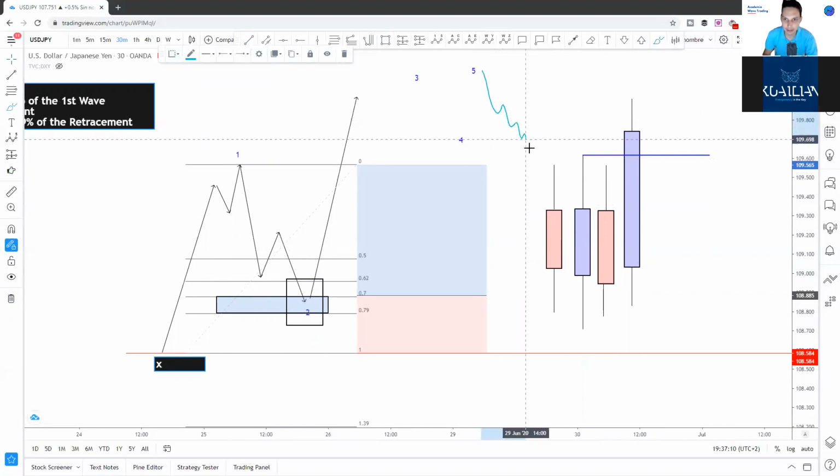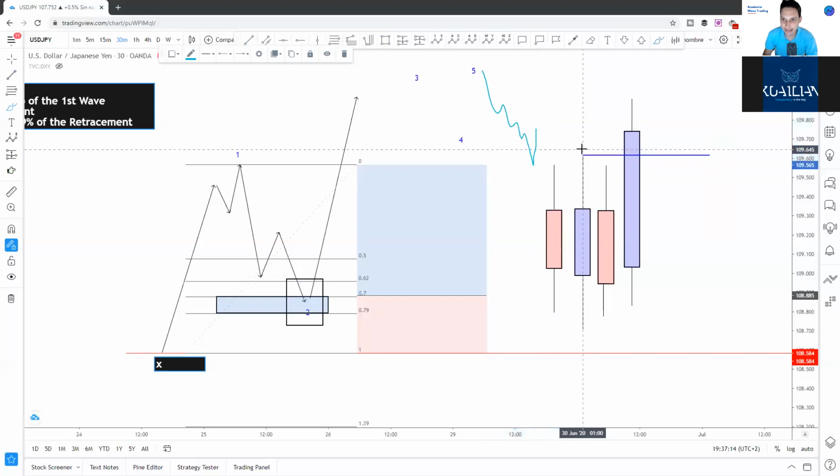Just go down, it goes up a little bit. That is this point. It goes down again. That is this low here, okay? And then as soon as the market breaks the top here, we want to place a buy stop in this case, okay? It's a buy stop order. Here, if the market continues down, you can't be filled.